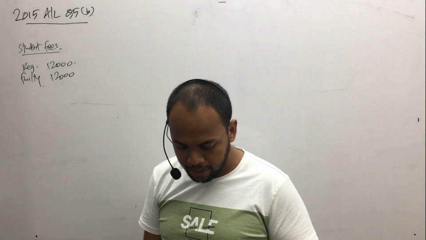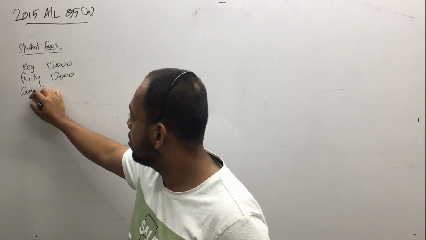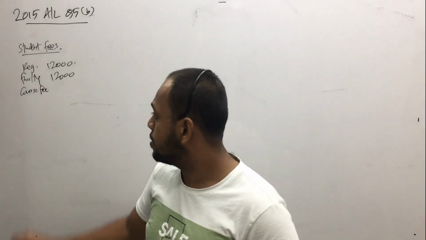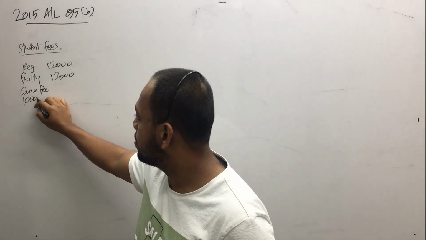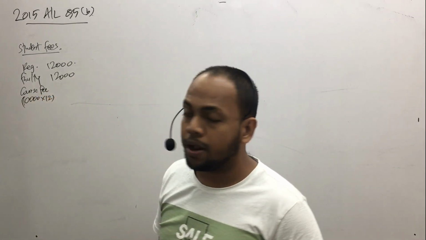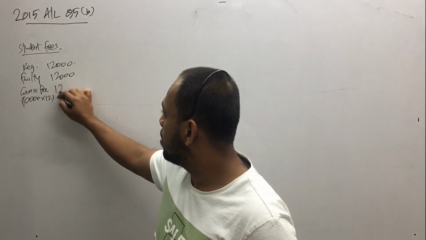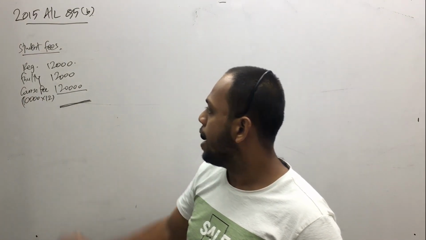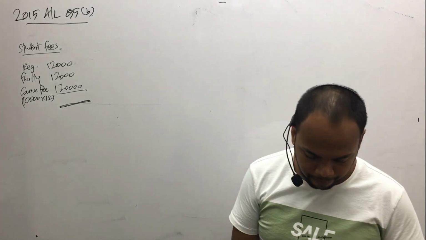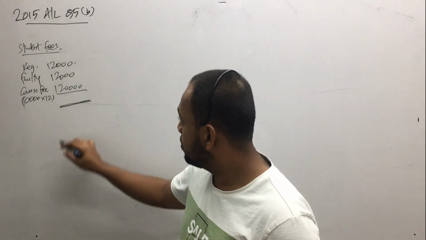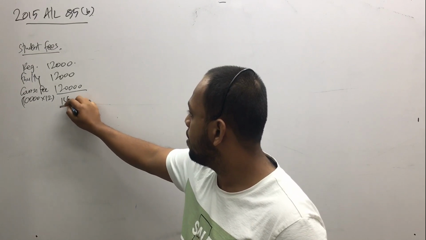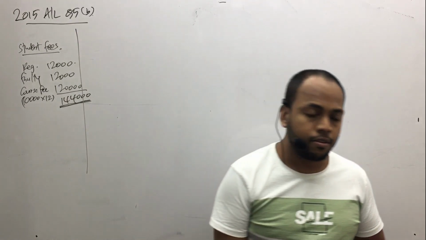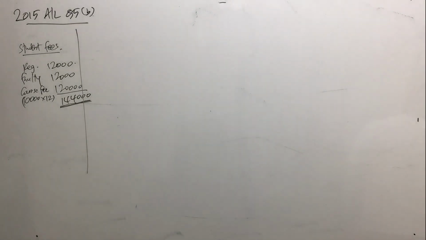Then the course fee 10,000 per month. So if it is 10,000 per month, we need to multiply by 12. Then only you get the annual student fee. So 144,000. That is the student fee, 144,000.